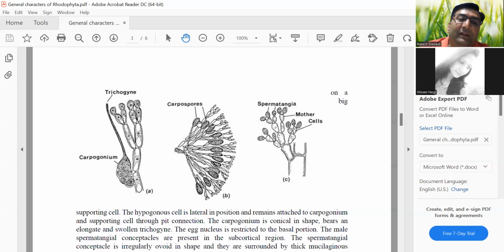The tip develops a sporangium known as carposporangium, and in each carposporangium a single spore is found, which is known as carpospore. So obviously, the carposporangium and gonimoblast filament together constitute the carposporophyte.